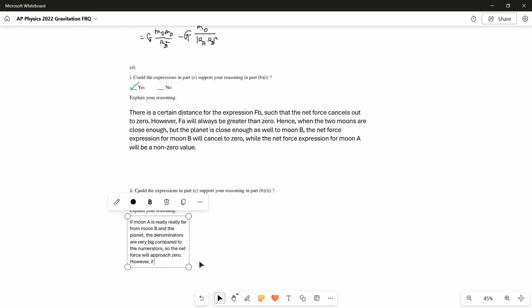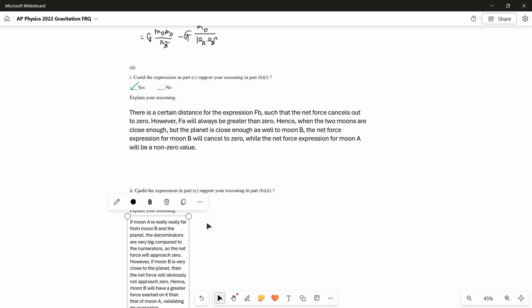However, if Moon B is very close to the planet, then the net force will obviously not approach 0. And hence, Moon B will have a greater force exerted on it than that of Moon A, validating my reasoning.